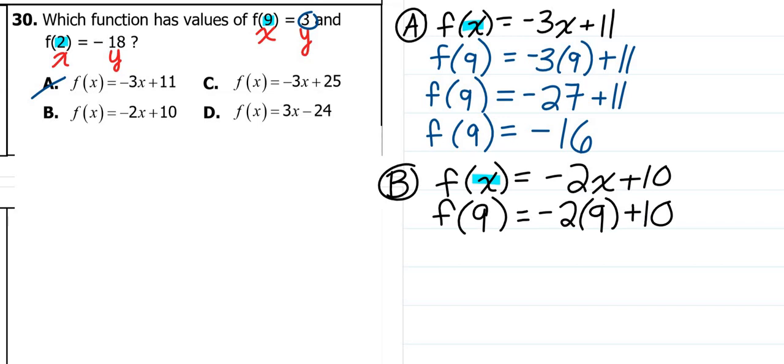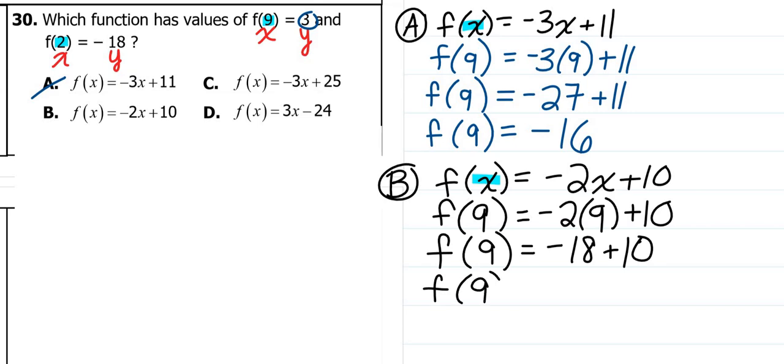My hope is that I get 3. Let's see what I get. Negative 2 times 9 is negative 18 plus 10. F of 9 equals negative 18 plus 10 is negative 8. Not what I want, so I'm not choosing choice B either. Let's go on to C.